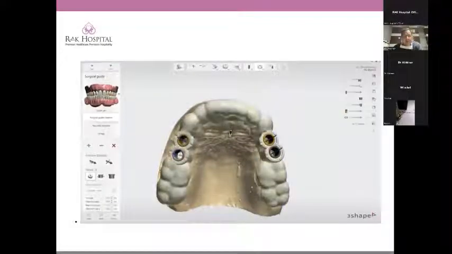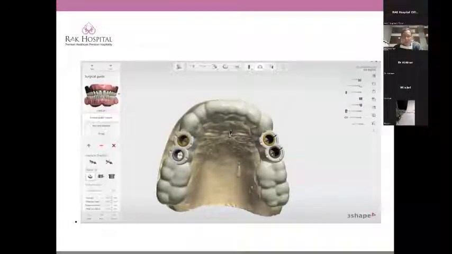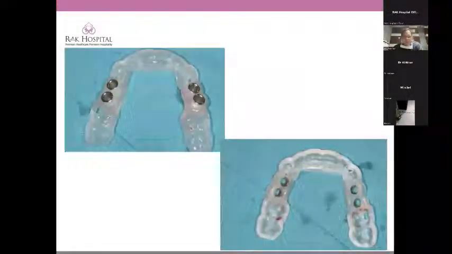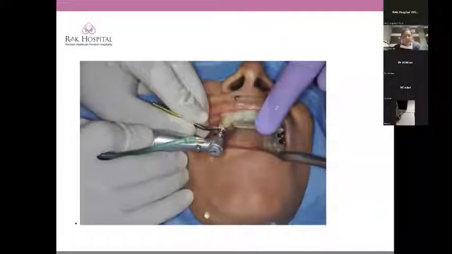This is how it is planned. Then we have the guide, and the same guide is printed. Now this is virtual. This is the real guide. So what do we do? We just give local anesthesia to the patient, try the guide, put the guide, and just go through with the drill, because we already know the size and the length of the drill. You can see that it will not allow us to go beyond. It will not allow us to change the angulation.